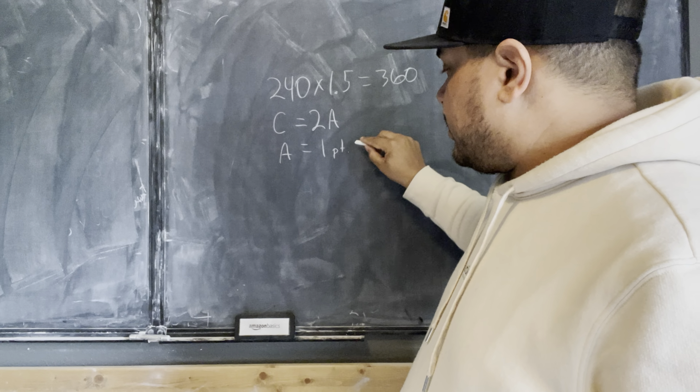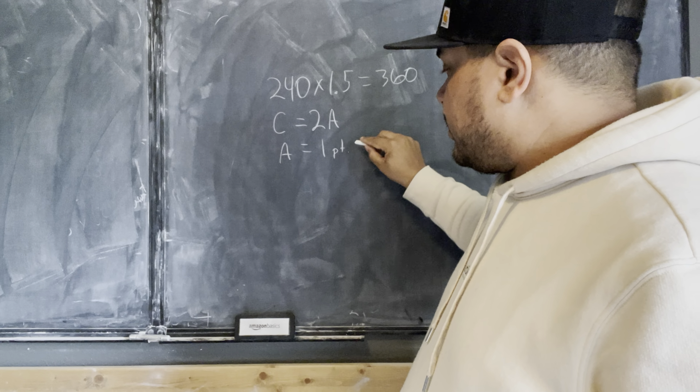What we also discovered was that if we divide this out, the craftsman is going to produce 240 points, while the apprentice is going to produce 120. Okay, so that's basically where we're at.